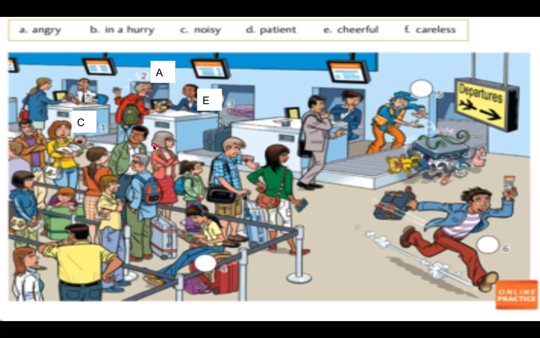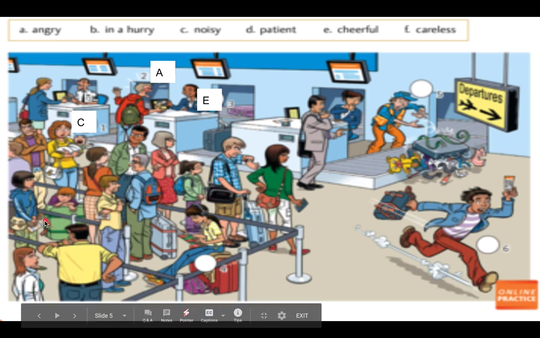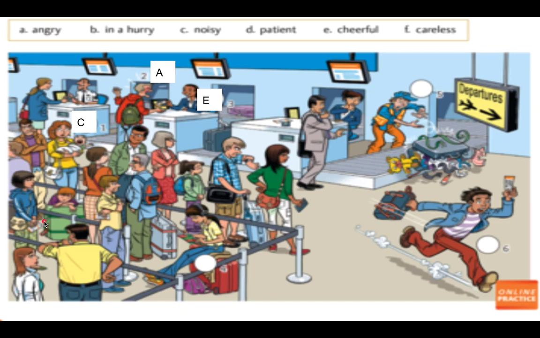The people in the line don't look happy because they're waiting a long time, so they don't look cheerful. But the check-in desk officers, they have big smiles because it's their job. So they are very cheerful.